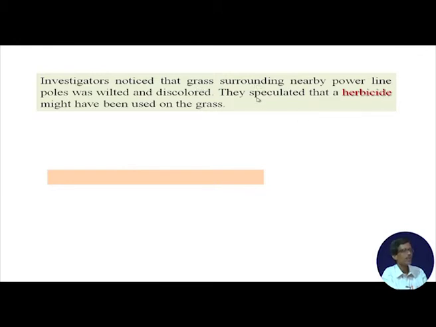They suspected that some herbicide had been sprayed on the grasses and contaminated them, and its concentration or nature could be lethal to the deer. We use these herbicides to reduce the growth of grass, and there are other types of herbicides we all know.